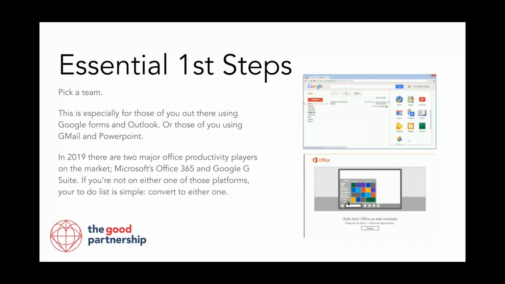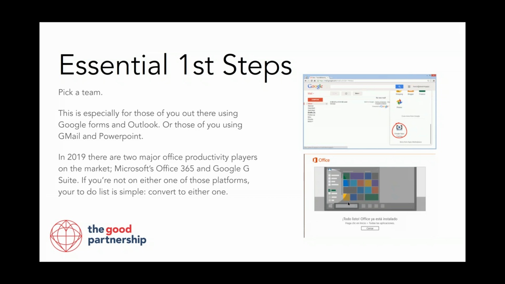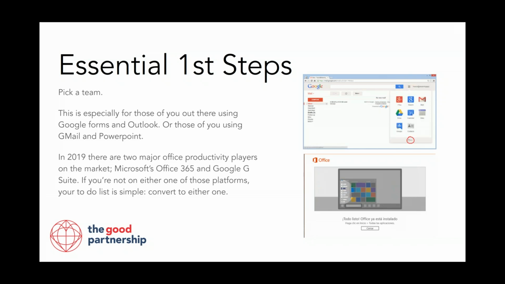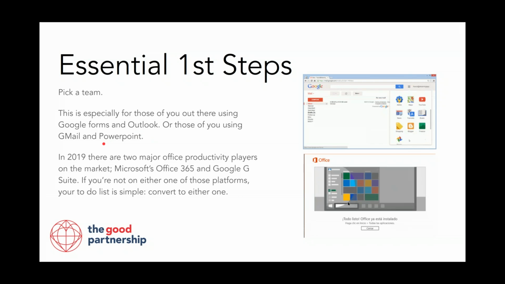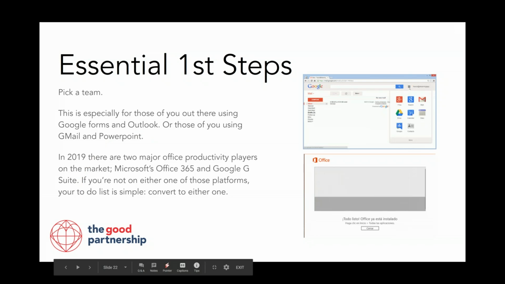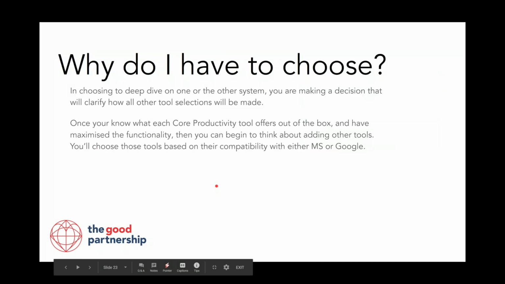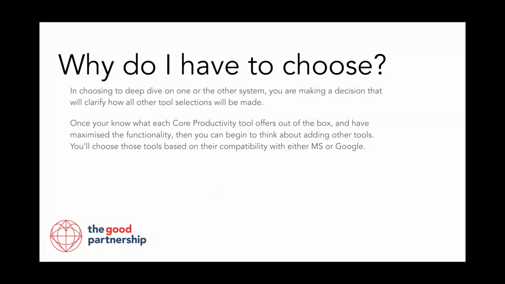When you're kind of moving back and forth between those two platforms, or if you're a Google or Gmail user, but you only build your presentations in PowerPoint. Again, if you're going back and forth between those tools within those two platforms, you're probably not getting as much out of them as you really could. So again, that's my second central piece of advice: go deep in maximizing the use of those tools.